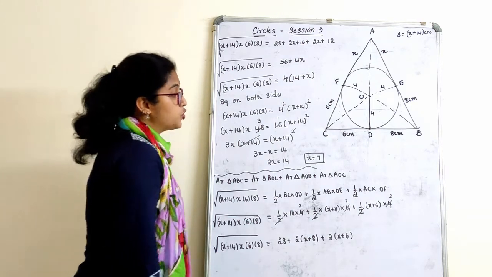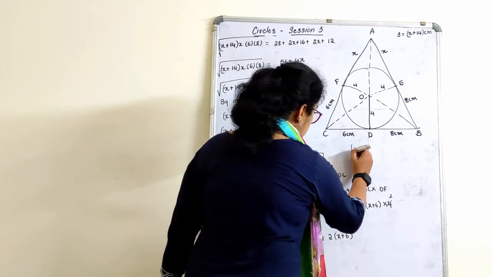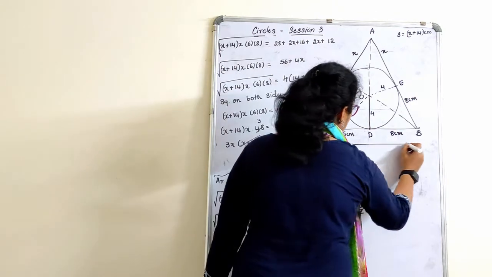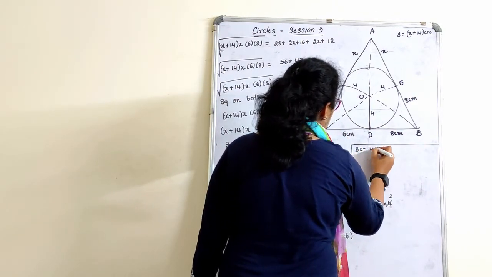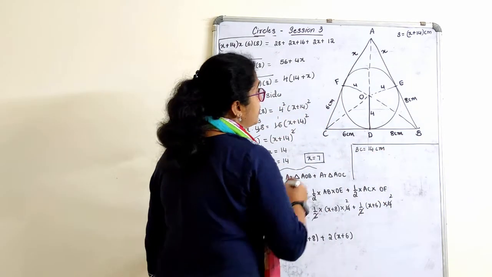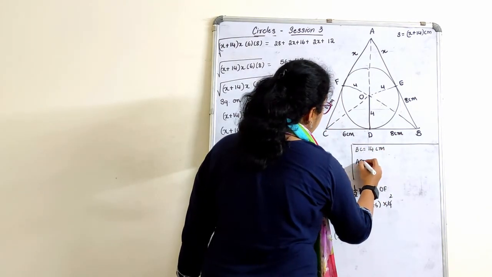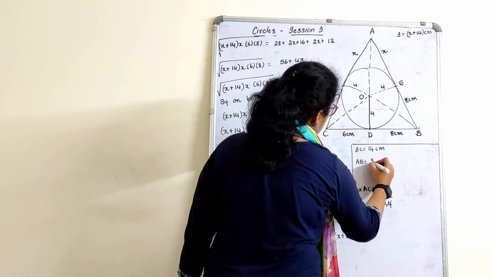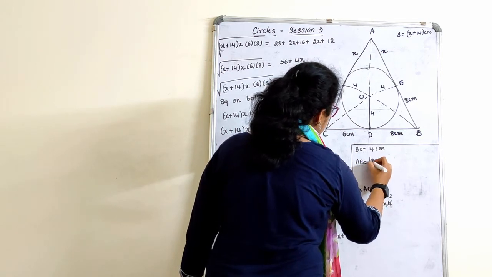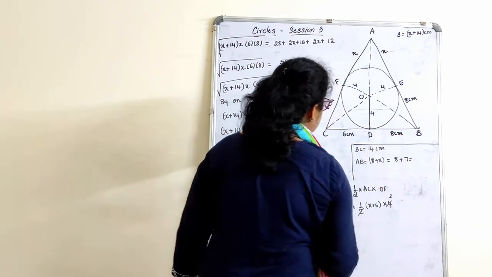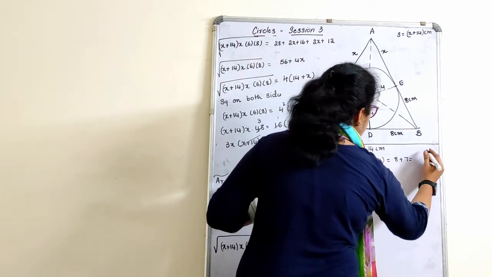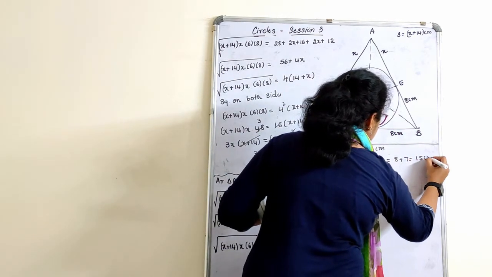Now what are we supposed to do? Last step: since we got the x value, we already know that BC is equal to 14 centimeter. It's already given. AB is equal to 8 plus x. 8 plus 7 is equal to 15 centimeter.